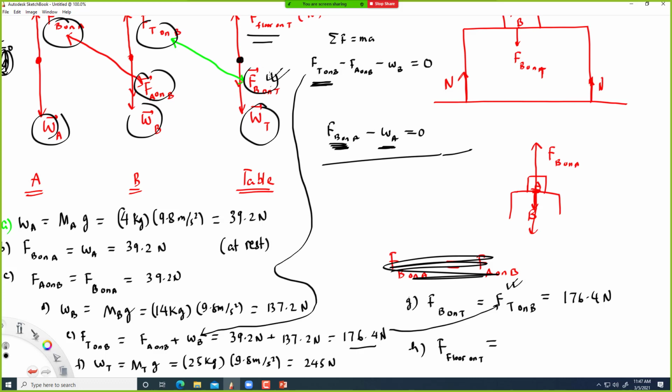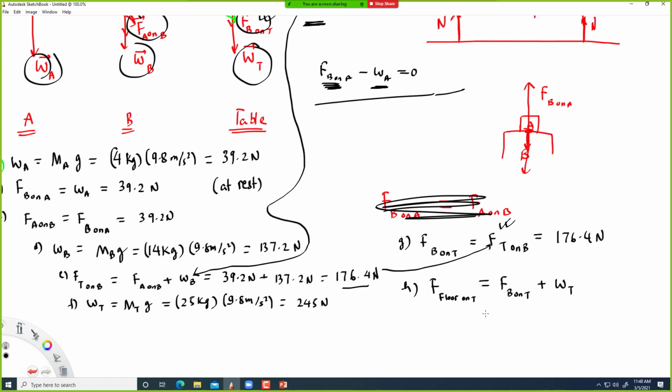Downward force is F B on T plus WT. So now substitute the values. F B on T we got, 176.4 Newton, and WT is 245 Newton. So add that, you get 421.4 Newton. So we got all the forces.